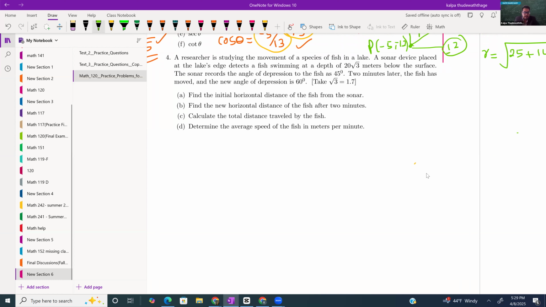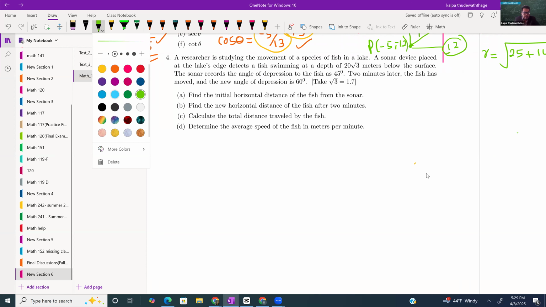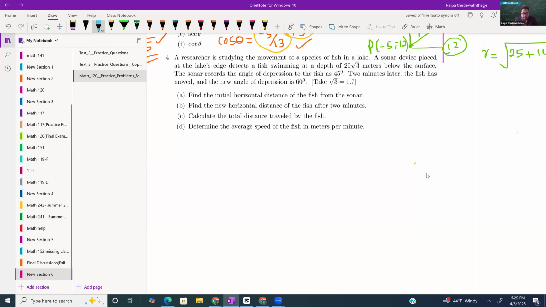So I can think of it like this, using a different color, maybe blue. This is the surface of the lake, which is horizontal. You can think this is the sonar device, placed here. At first, they explain a fish swimming.